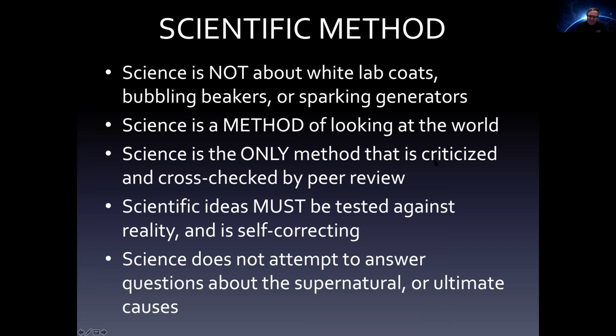In fact, what's distinctive about it is that it's the only method we have left on the planet, basically, that's continuously criticized, cross-checked, fact-checked all the time by a method that's called peer review, which most of the public doesn't understand very well. They say, oh, well, science is like anything else. No, it isn't.